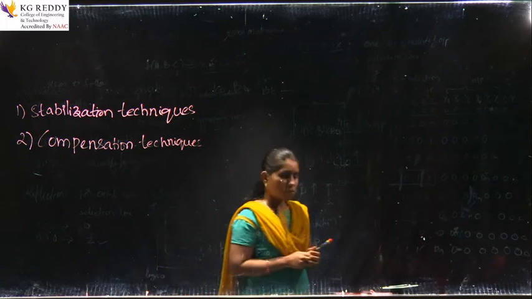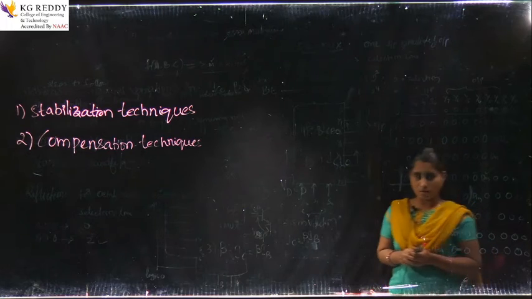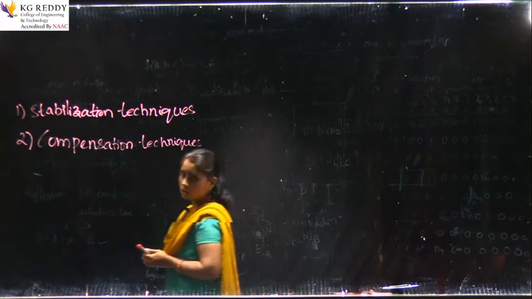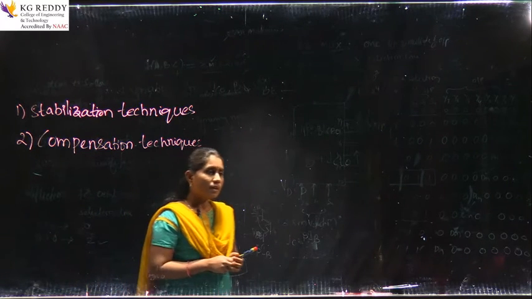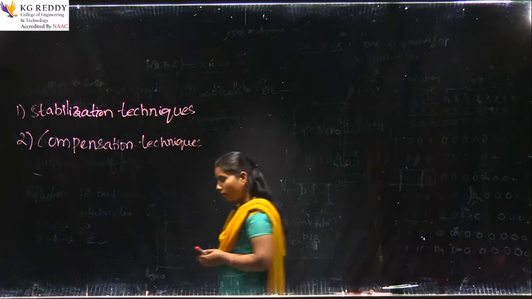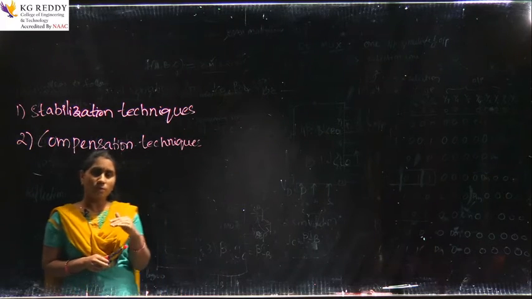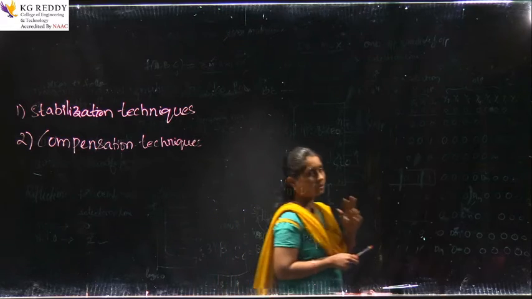Now, what is meant by stability factor? In the previous topic I discussed that the stability factor indicates the degree of change of the operating point. Stabilization is done according to three transistor parameters, which are ICO, beta and VBE.